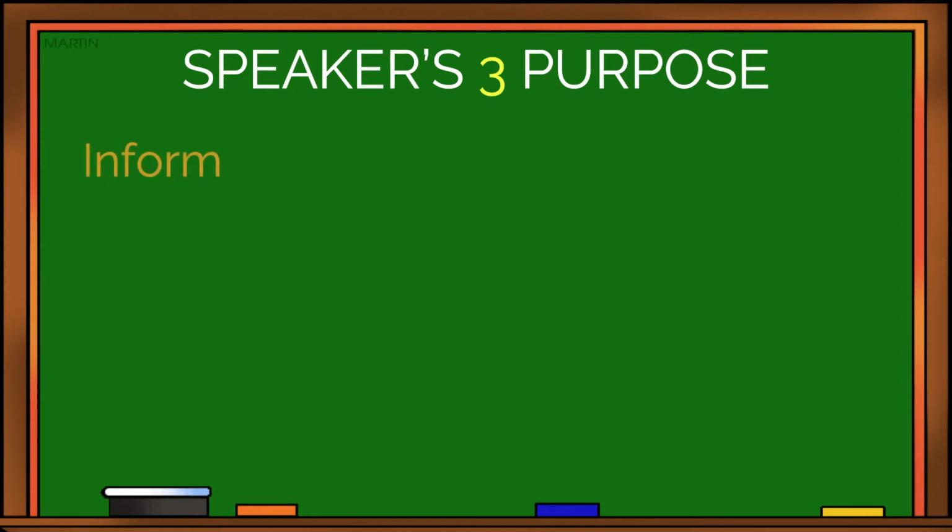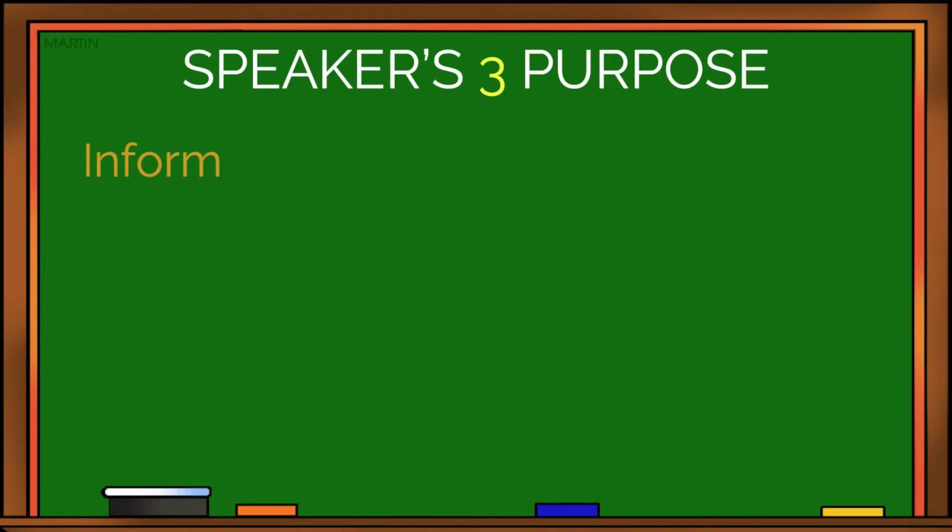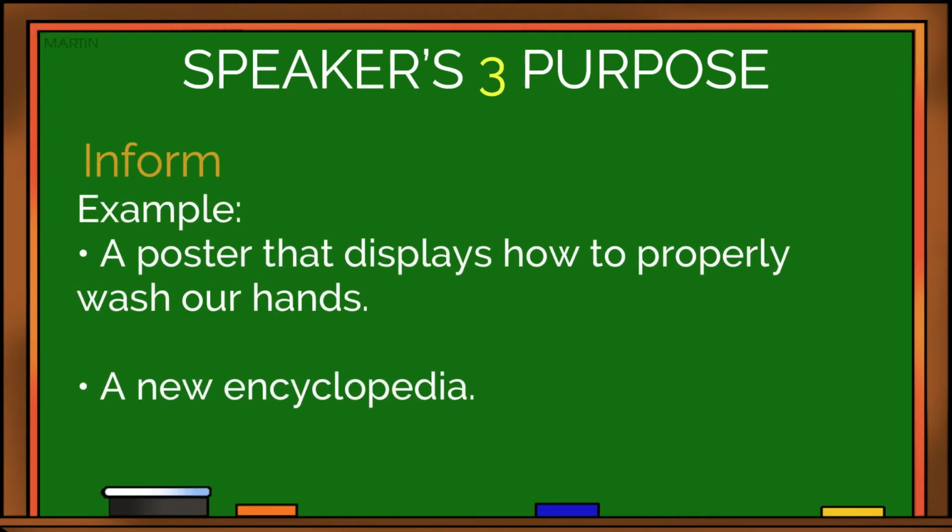The second purpose is to inform. To inform is to teach or give information to reader or listener. Examples of to inform: a poster that displays how to properly wash our hands. A new encyclopedia.